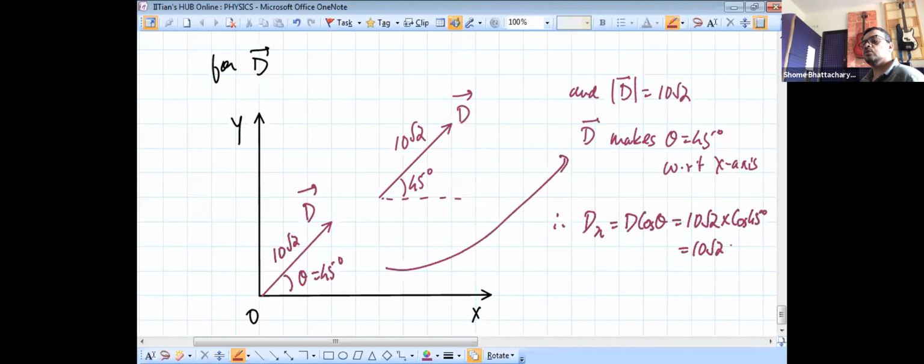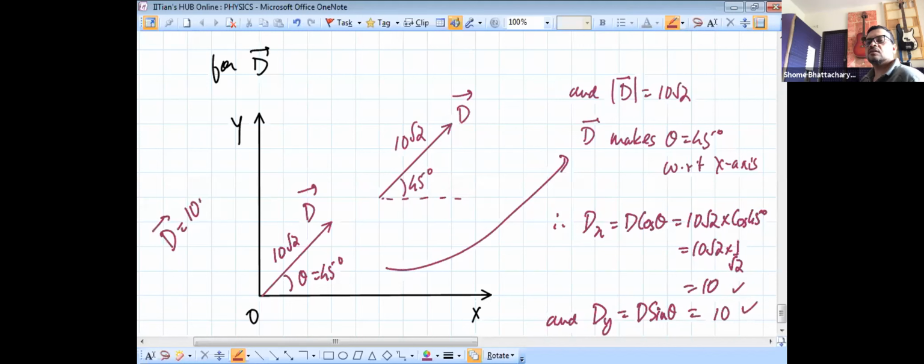So it is 10 root 2 into 1 by root 2, that is 10. And similarly for the y component, D sin theta, when you substitute, do all the same steps and we get that as well. So that's why the vector D is becoming 10 i cap plus 10 j cap.